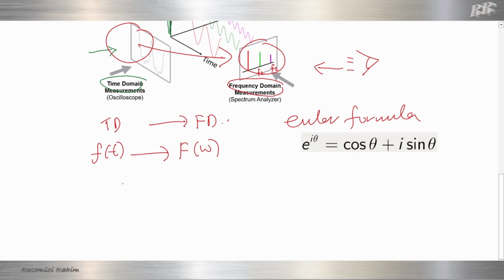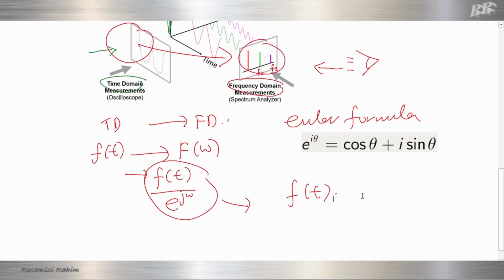Alright, so we take the time domain signal and multiply by the Euler formula term, e^(-j omega t). We can rewrite it as f(t) times e^(-j omega t).